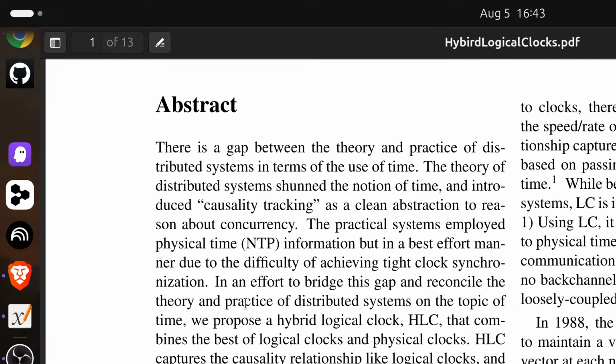Hybrid logical clocks, HLC, capture the causality relationship like logical clocks and enable easy identification of consistent snapshots in distributed systems.